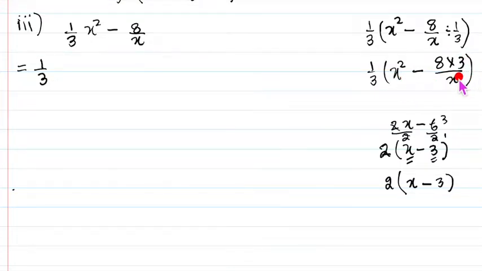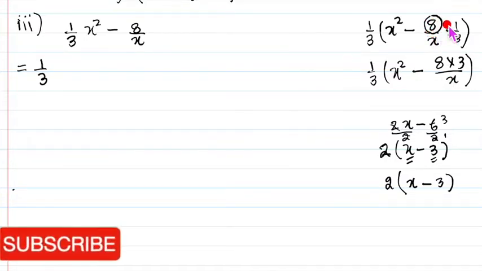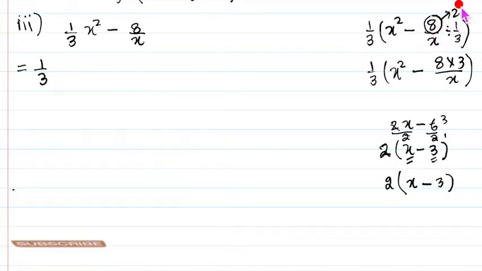Now remember, you cannot do anything else after this, but you look over here, 8 is a cube of 2. So if I take out this 1 upon x also as the common factor, then this will become x cube because I'll have to divide this by 1 upon x.